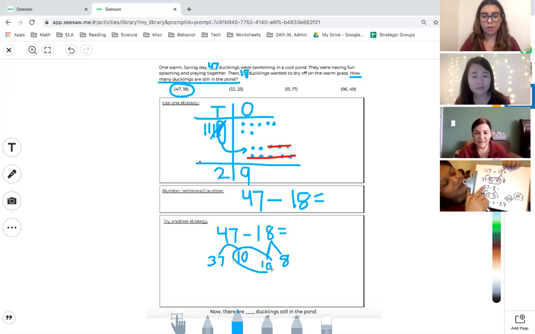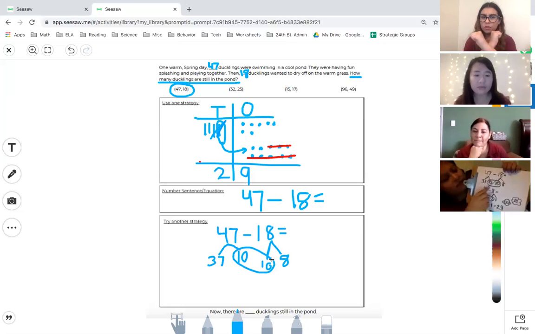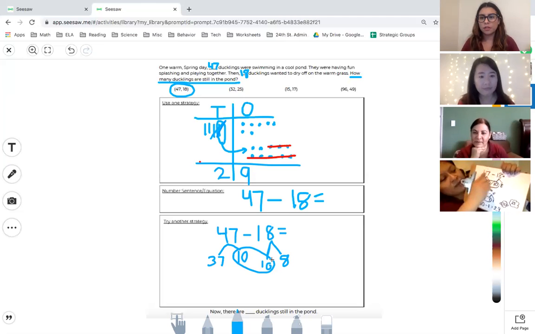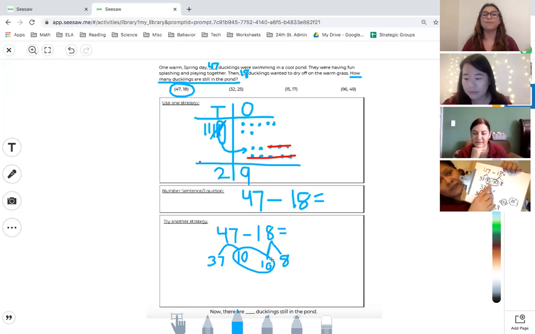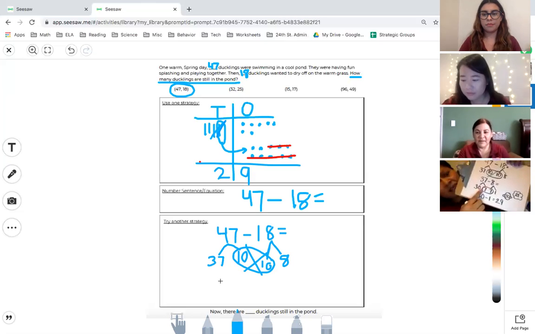Can you tell us more about that? How do we know we can cross it out? Because we have one 10 here and I have another 10 here. And so I take 10 minus 10 away, it's going to give me 0. So then I have 37 and 8 left over. And then I just went ahead and decomposed that number, 30 and 7.